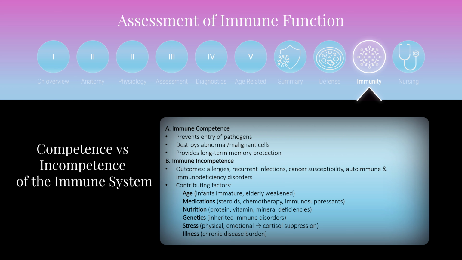Now, the competence versus incompetence of the immune system. Immune competence is to prevent entry of pathogens, destroy abnormal malignant cells, and provide long-term memory protection. B, immune incompetence, has outcomes like allergies, recurrent infection, cancer susceptibility, autoimmune and immunodeficiency disorders.